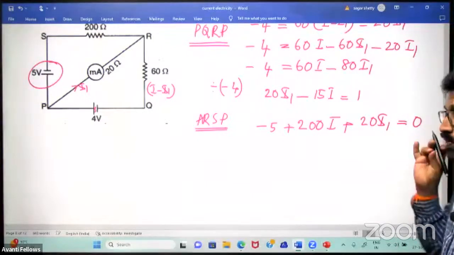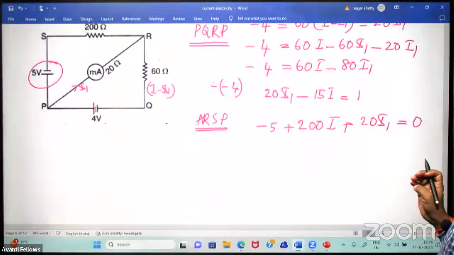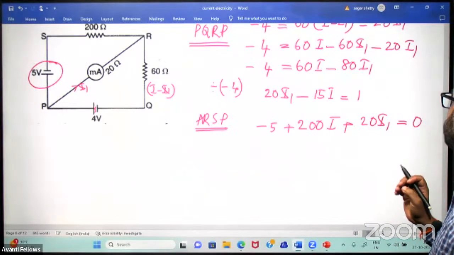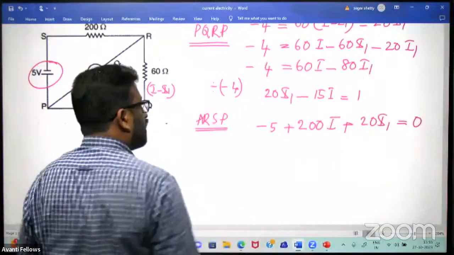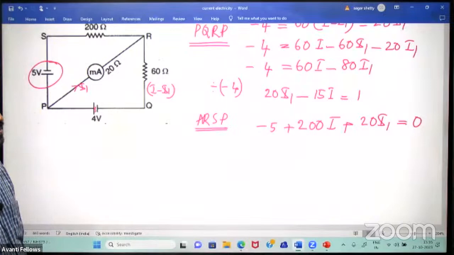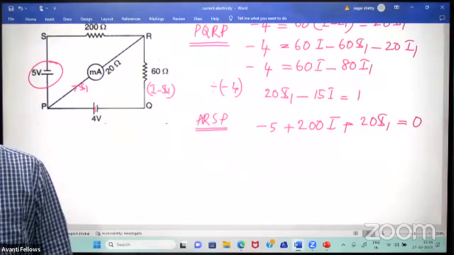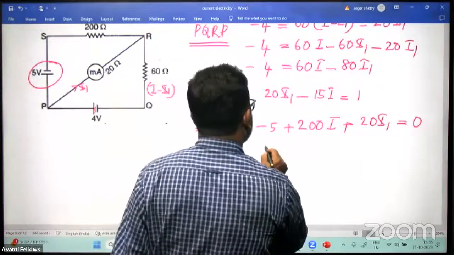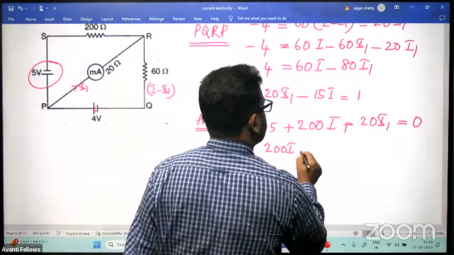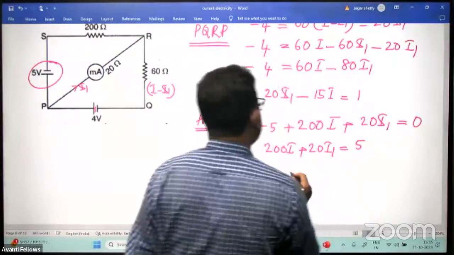Then we can rearrange: 200I plus 20 I1 equals 5.